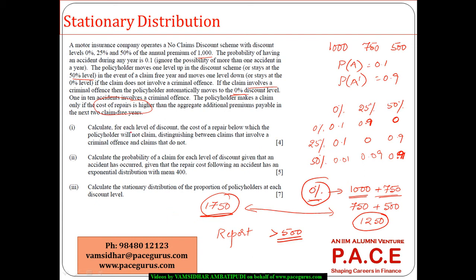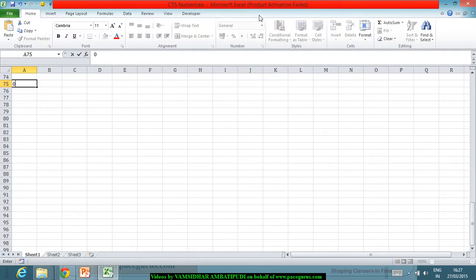So calculate for each level of discount the cost of repair below which the policyholder will not claim. So when he is operating in the 0% layer, if he is claiming, then automatically his next 2 years premiums are going to be 1,750.